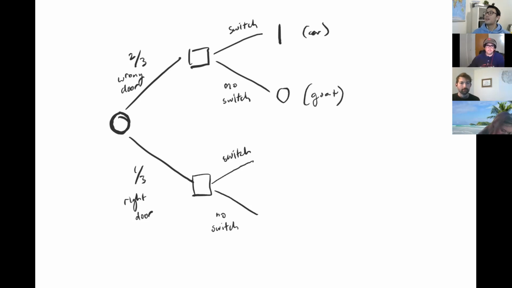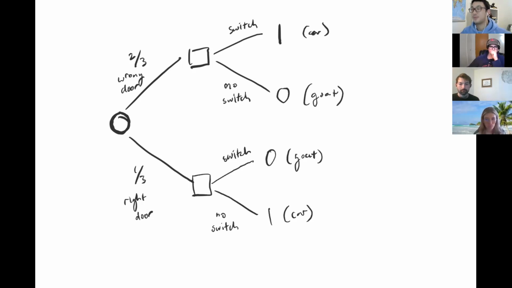The other 33% of the time, let's say you actually pick the car, and then you decide to switch doors. Well, then you get 0 because you'll end up getting a goat. But if you didn't switch, you would end up winning your car. So you can do a backwards tree, and actually you could reassemble this tree so that the decision comes first.